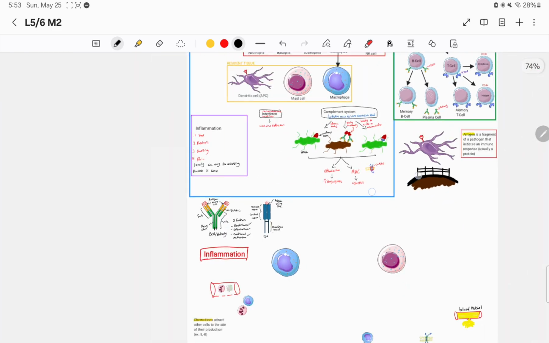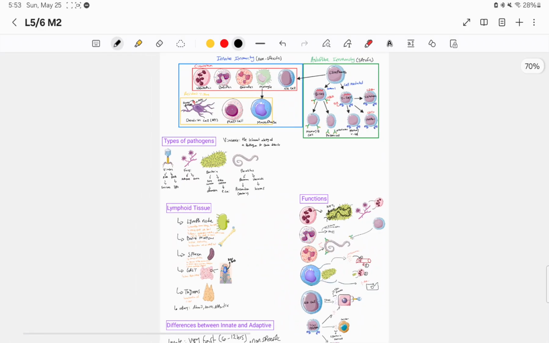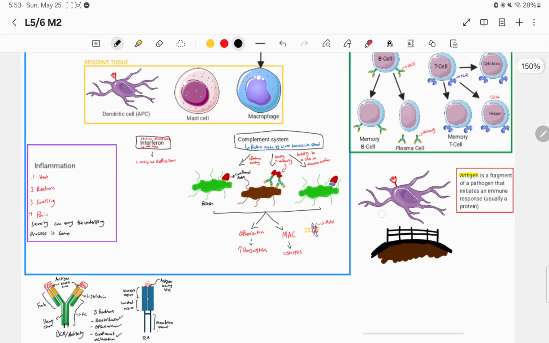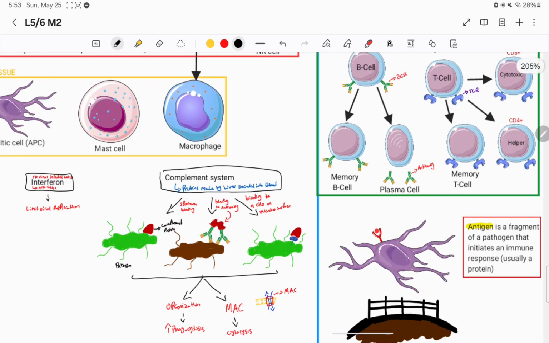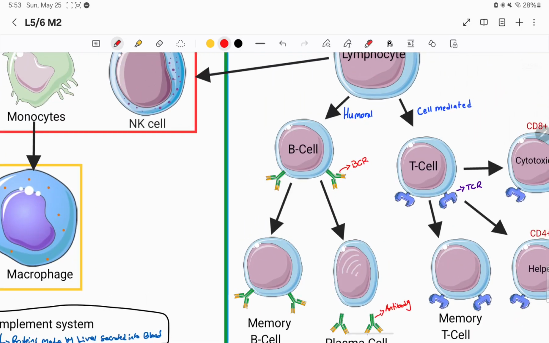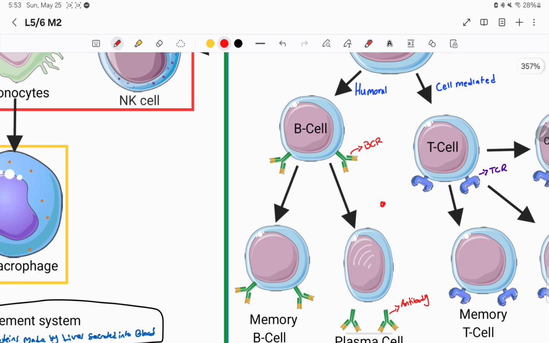So let's say we are in one of our lymphoid tissues. Let's pick the lymph node, where our resident lymphocytes are, such as our T cells and our B cells. And the B cell happens to come across a specific antigen, okay? Let's say this is an antigen from the COVID-19 virus, okay?